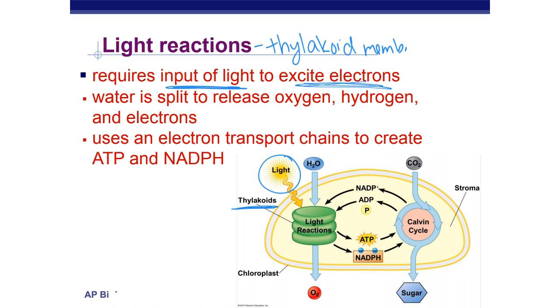If you remember your parts of an atom from middle school, you've got neutrons and protons in the nucleus, and the electrons are out around the edge. Okay, so an input of light is going to cause the electrons to get excited. We'll do more detail with this when we go into AP biology.